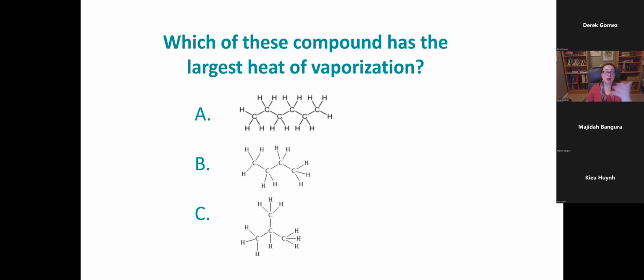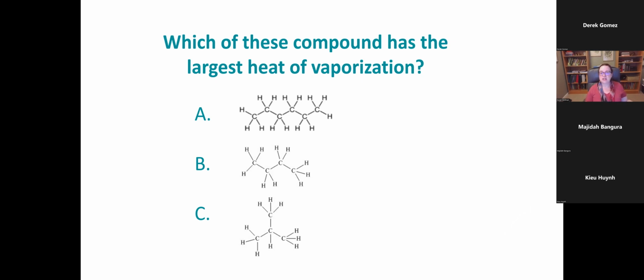Yes, these all only have London dispersion forces. So now we've got to look at those secondary characteristics of size and then surface area. Size we should consider first, that's more important, and surface area is important when we have two things that are the same size.